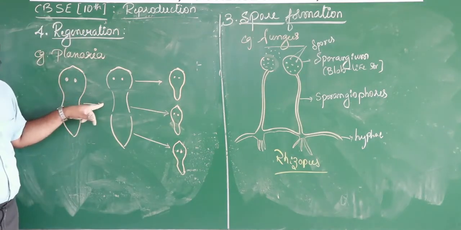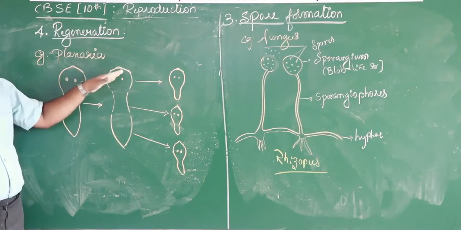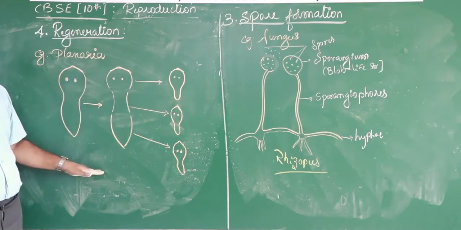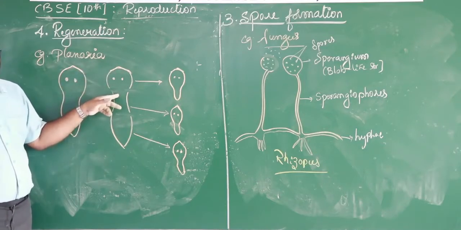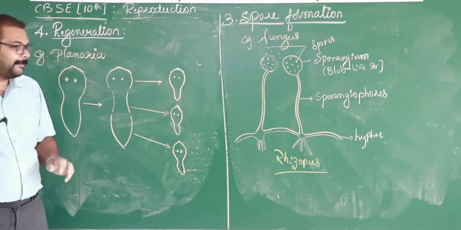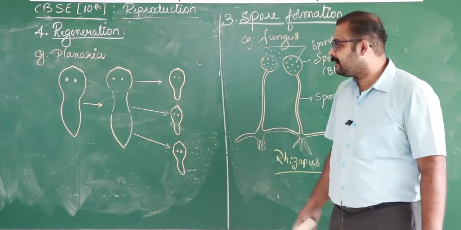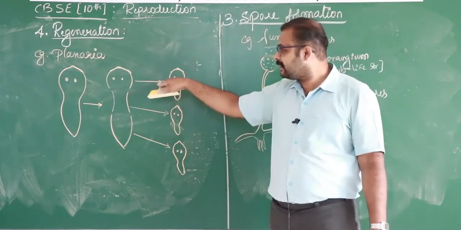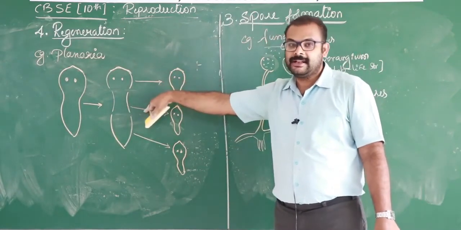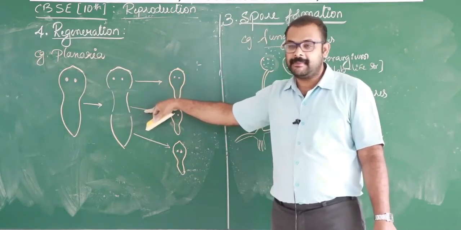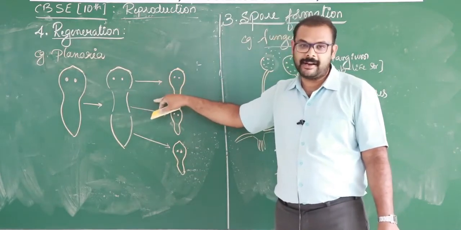Then if this organism is not cut by a physical method, how can it reproduce? Think about it. If it is cut by a physical method, then it undergoes regeneration. If it is not cut by any physical method or any damage, then how does it reproduce?